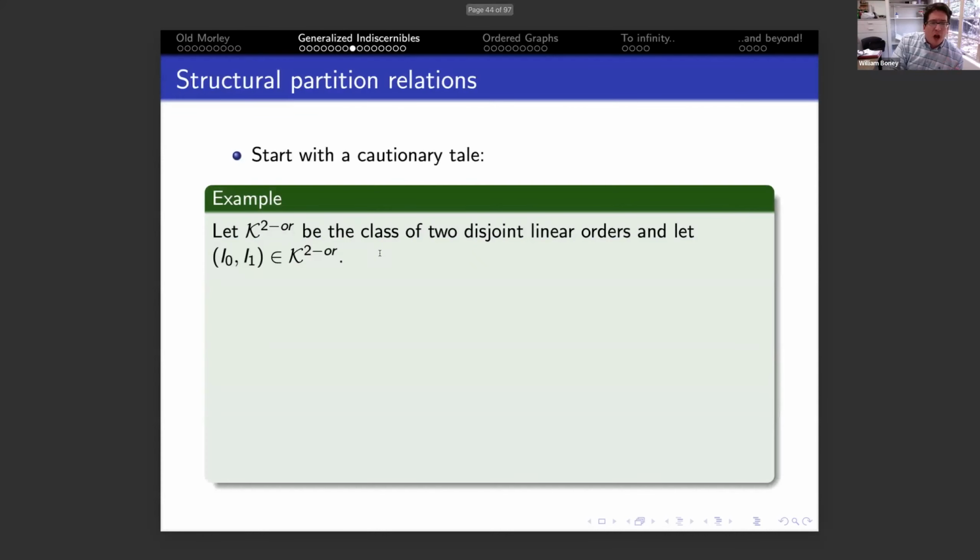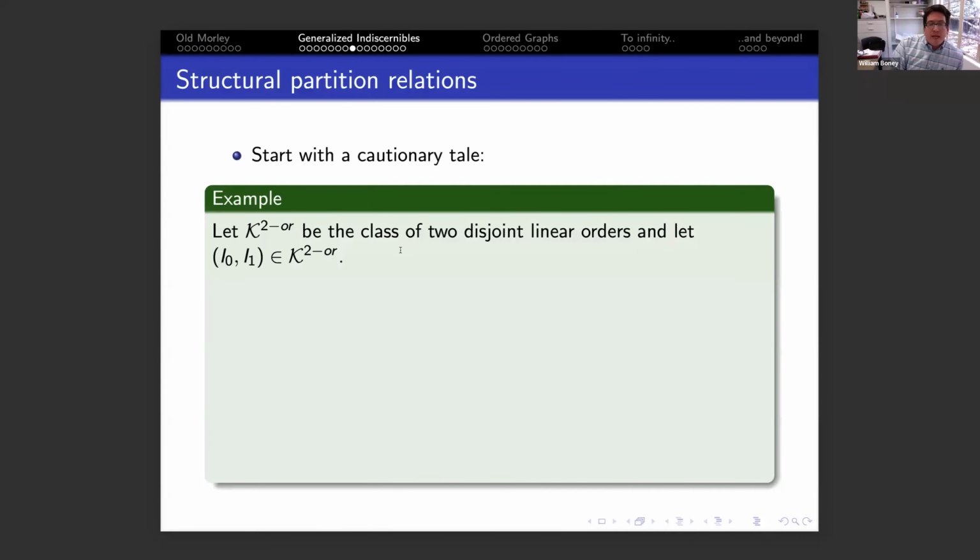But there's a cautionary tale that tells us that some extra care is needed. And so we're going to start with K_2^OR, which just stands for two linear orders. So it's the class of two disjoint linear orders, I_0 and I_1, and maybe just to give it the universe a linear order, you say everything in I_0 is less than everything in I_1.